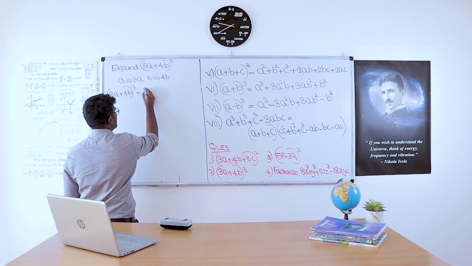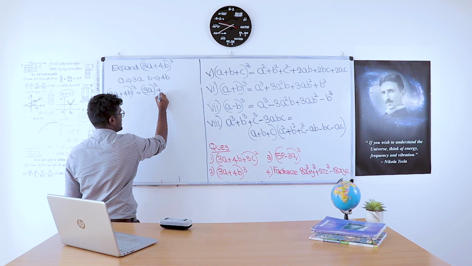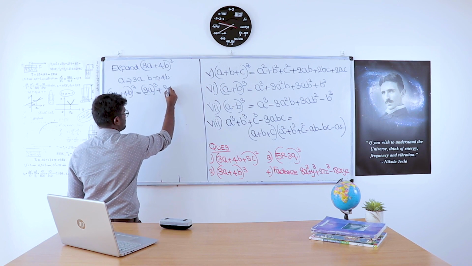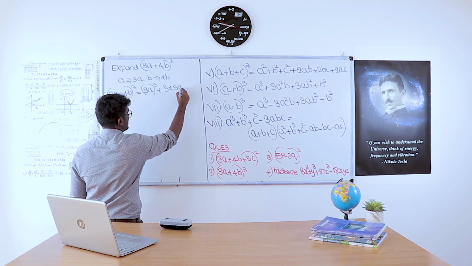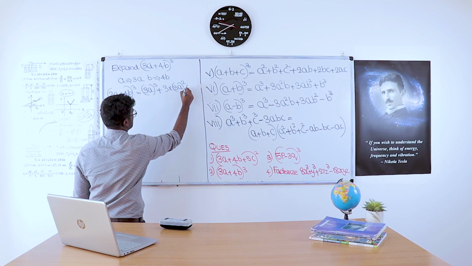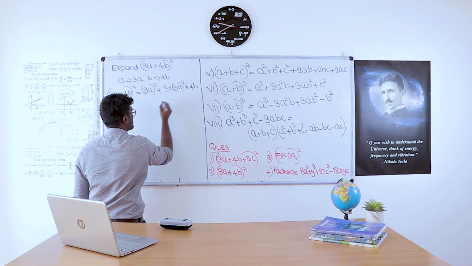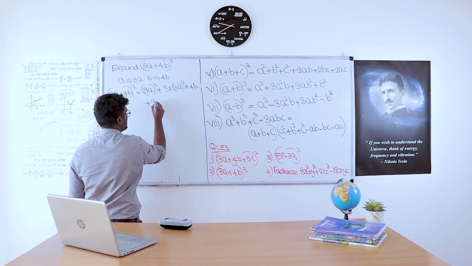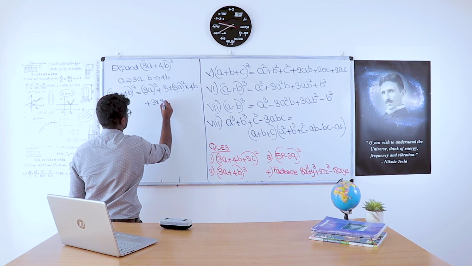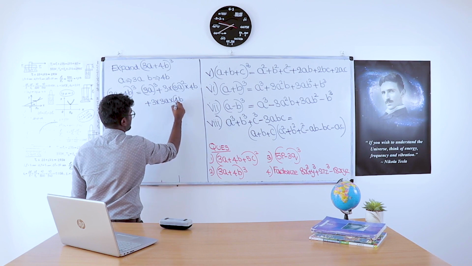Here in place of a that is 3a, 3a the whole cube, plus 3a square b, that is 3 into what is a square? 3a the whole square, into what is b? 4b, plus 3ab square. 3 into what is a? 3a, into what is b? 4b the whole square.